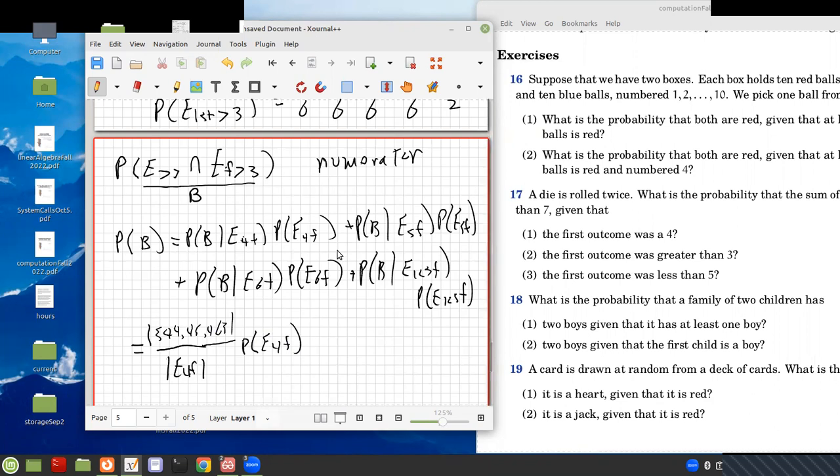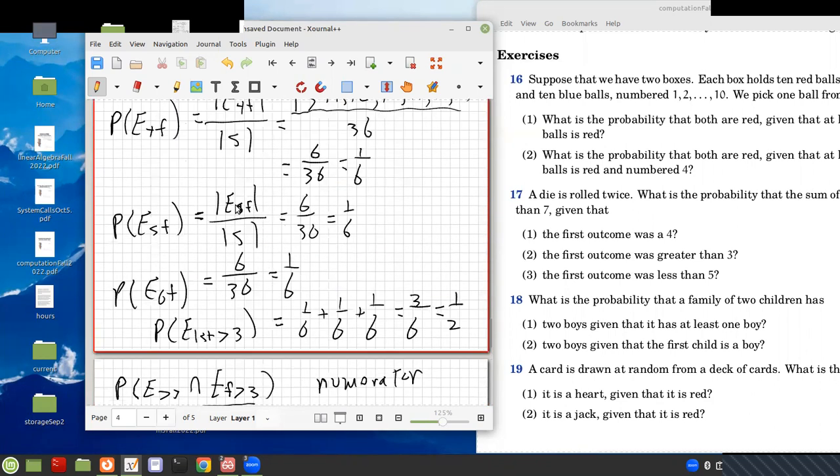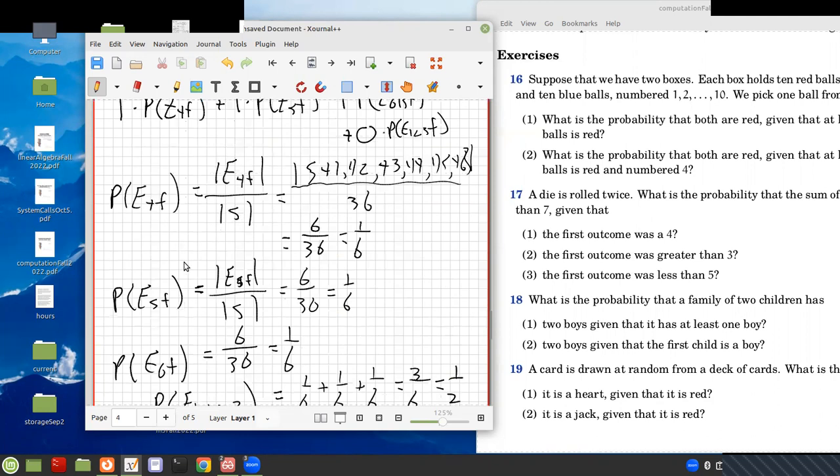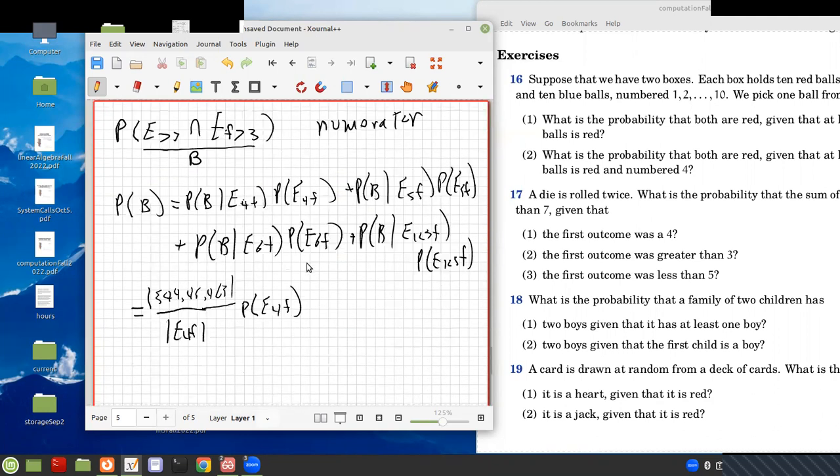And we calculated these probabilities. We know that these are all 1/6. So this one is 1/6, this one is 1/6, this one is 1/6, and we didn't calculate this one yet.